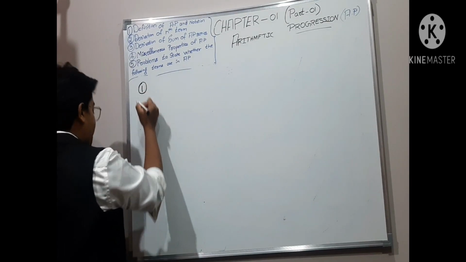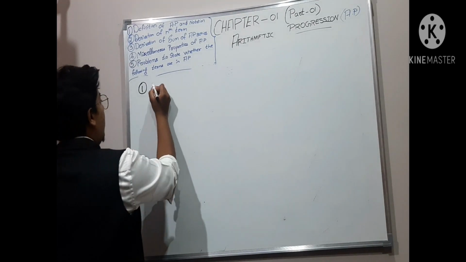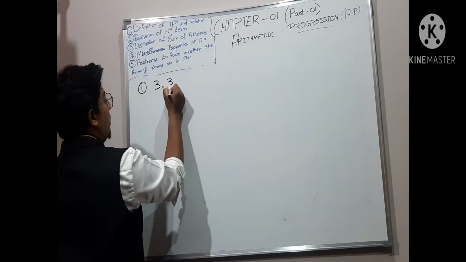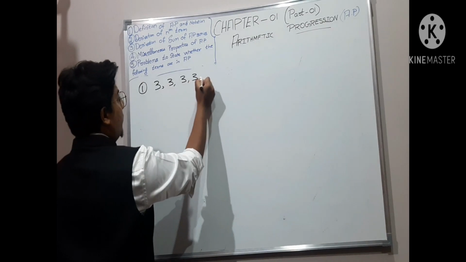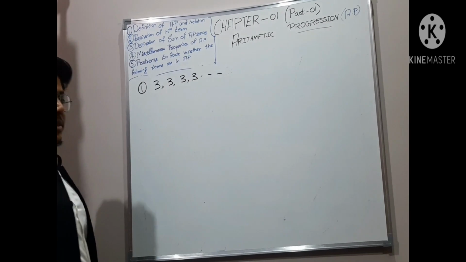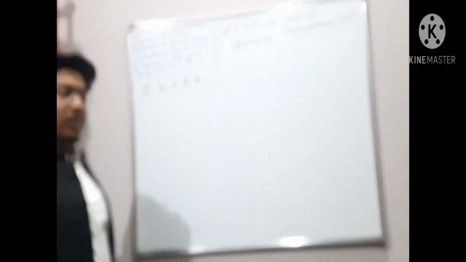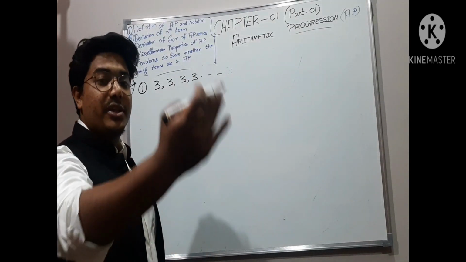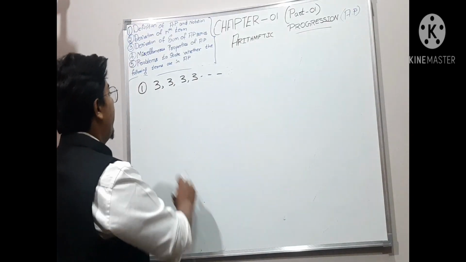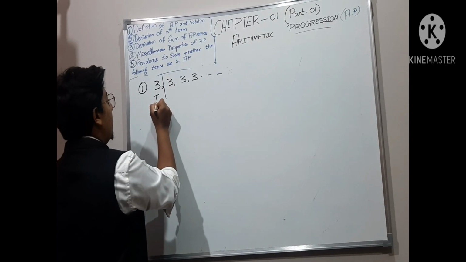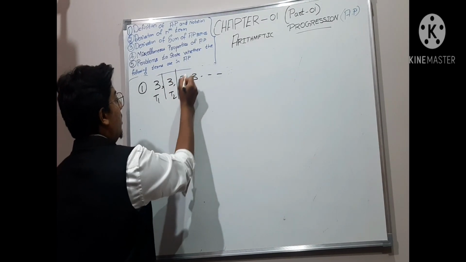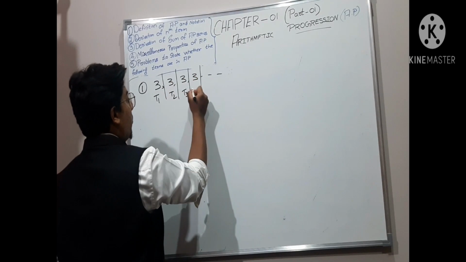Problem number 1. Given terms 3, 3, 3. To find whether this series is in arithmetic progression, and if it is, find out the next 3 terms. In this series, this is T1, this is T2, T3 and T4.